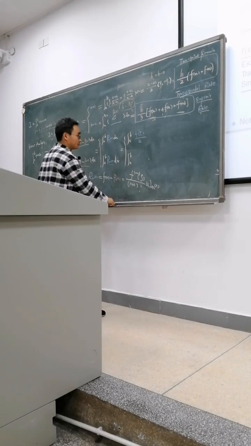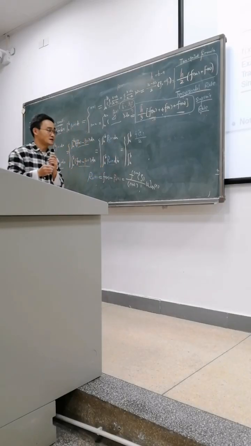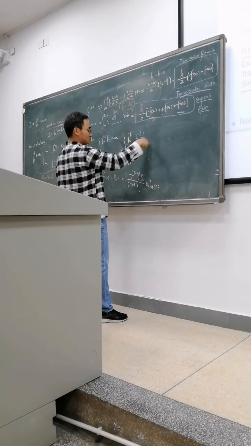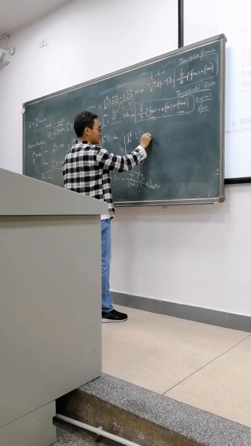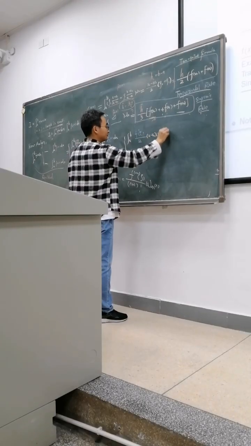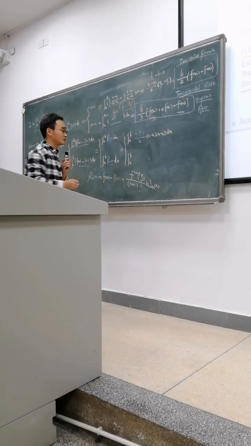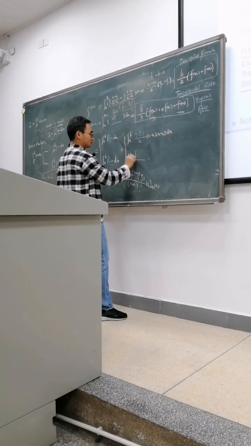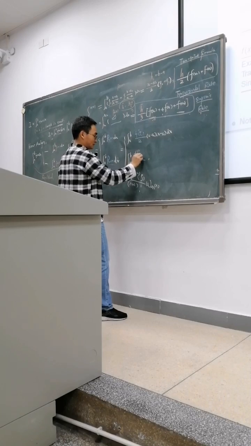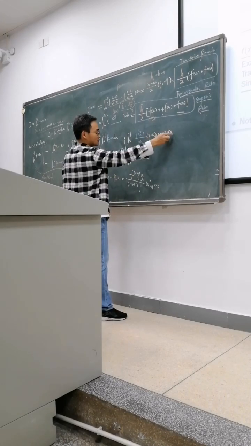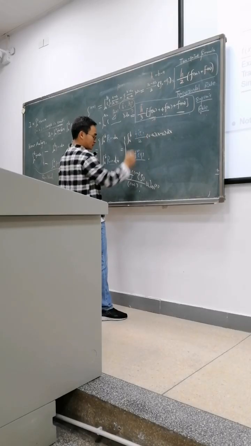This term is related to x, but this is a constant for this integration. So this is (x minus x0)(x minus x1), eta(x), right? Eta is also related to x, but for this integration, this one is constant.